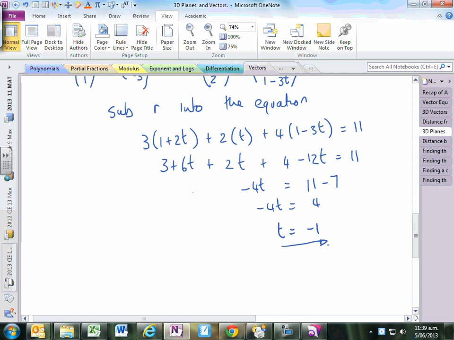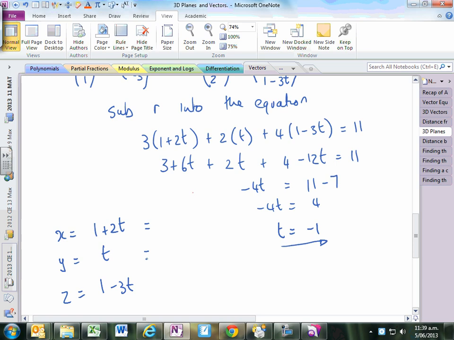All good and well that t is equal to minus 1. How do we use that? Plug it back in. We know that x was equal to 1 plus 2t, y was equal to t, and z was equal to 1 minus 3t.